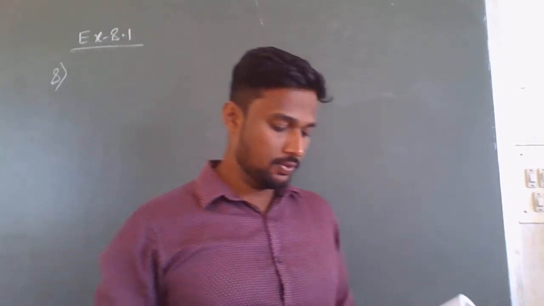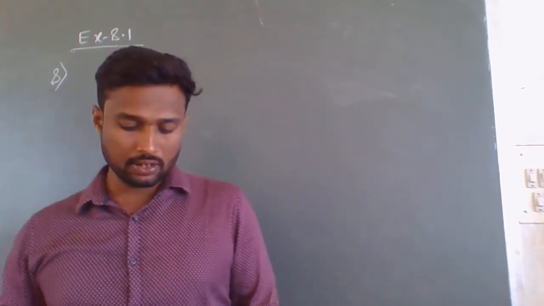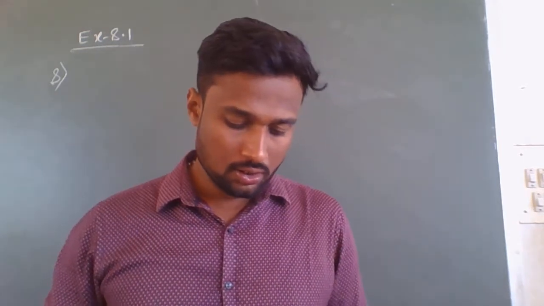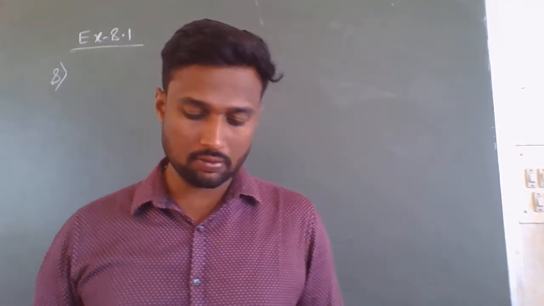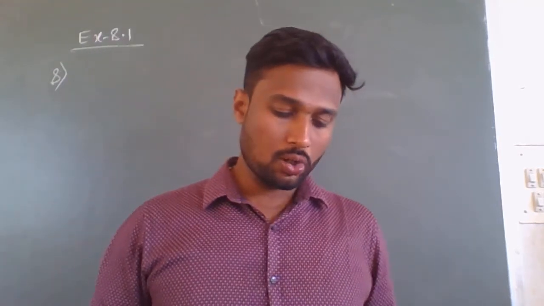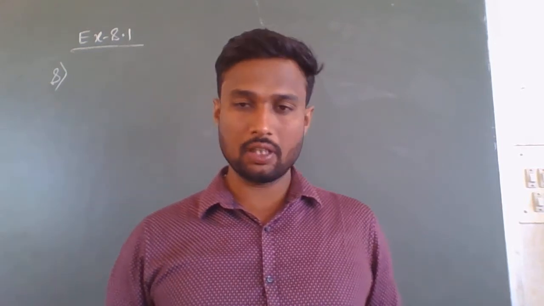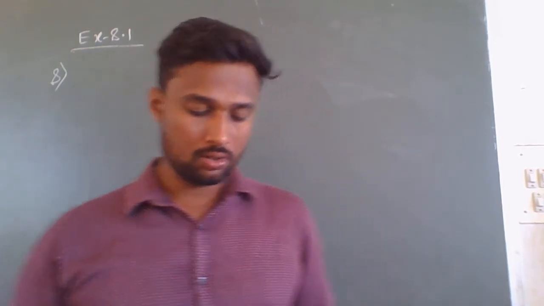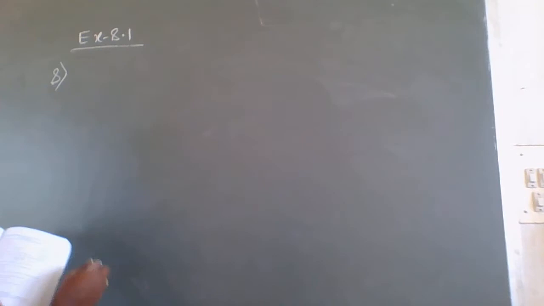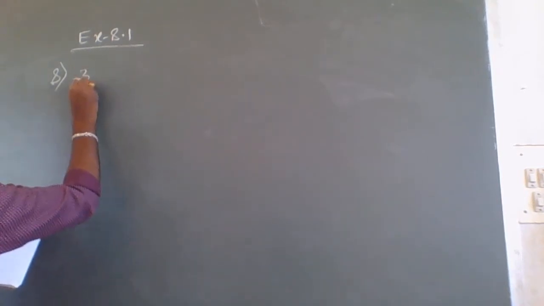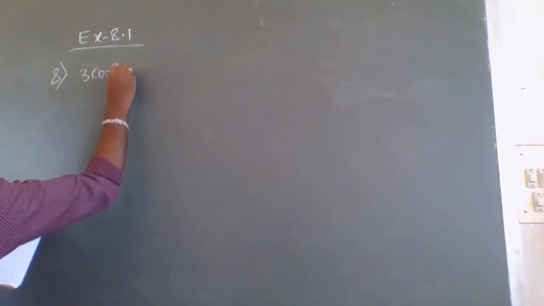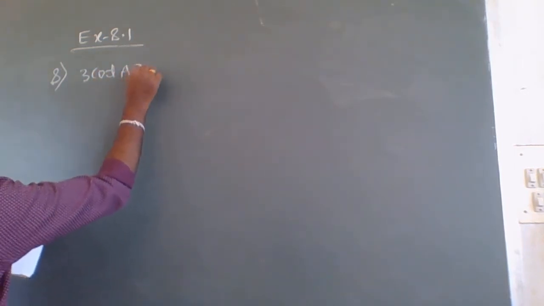If 3 cot A is equal to 4, check whether (1 minus tan square A) by (1 plus tan square A) equals cos square A minus sin square A or not. Here they have given that 3 cot A equals 4.